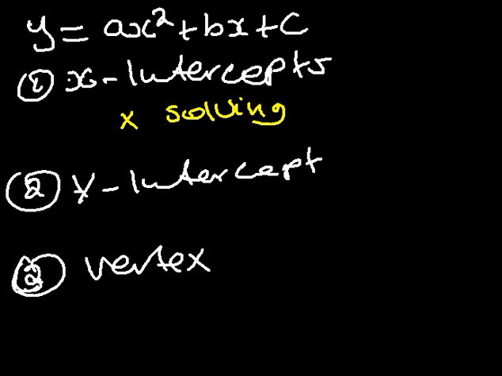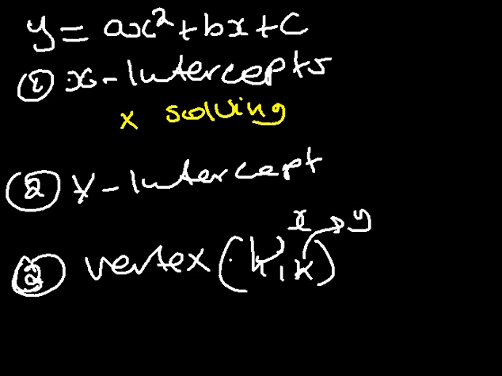A vertex consists of two coordinates, h as well as k, where h corresponds to the x coordinate and k corresponds to the y coordinate. So keep that in mind.